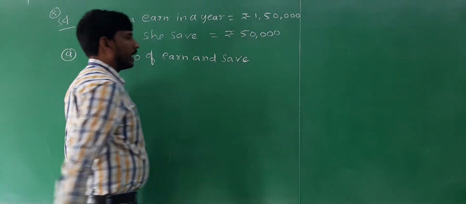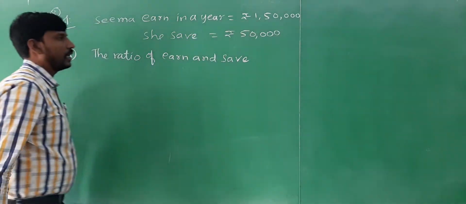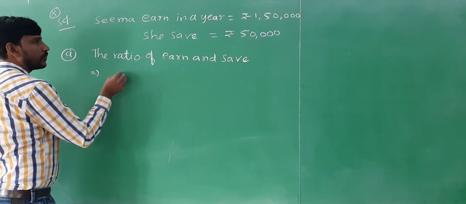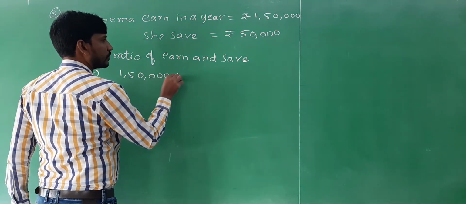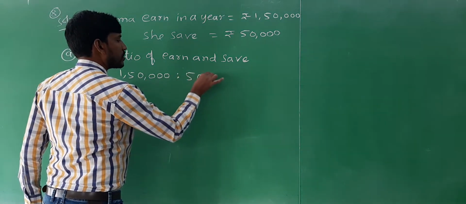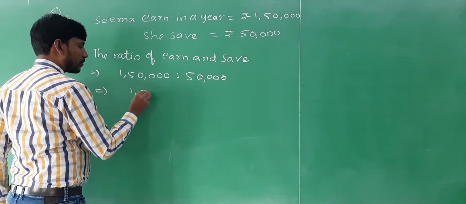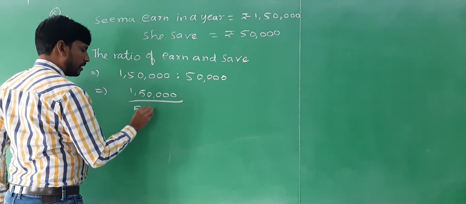Earn and save, both are in terms of rupees only. So no need to convert, we can find it directly. So it is 1,50,000 is to 50,000. I told you ratio can be written in terms of fraction also. So 1,50,000 divided by 50,000. Right, children?